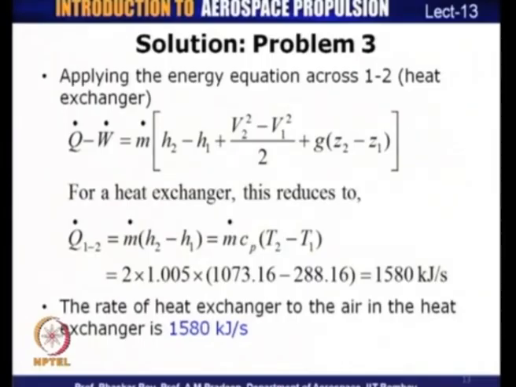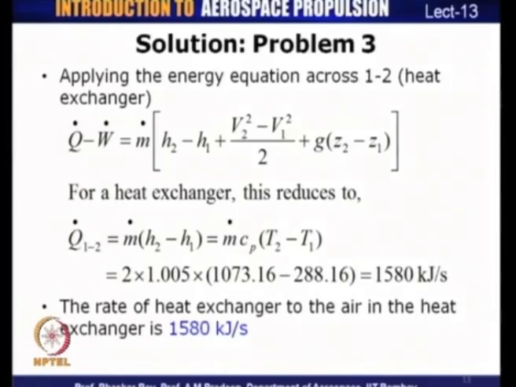Specific heat at constant pressure is given as 1.005 kilojoules per kilogram Kelvin, and temperatures are also given. The exit temperature from the heat exchanger is given as 800 degrees Celsius, and the inlet temperature is given as 15 degrees Celsius. Now, since we have to be consistent in terms of the units, we have converted the temperatures from Celsius scale to the Kelvin scale.